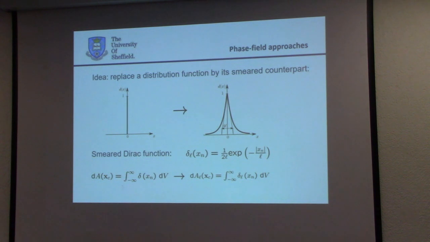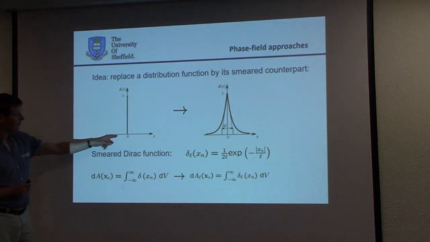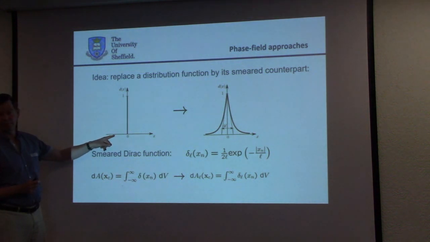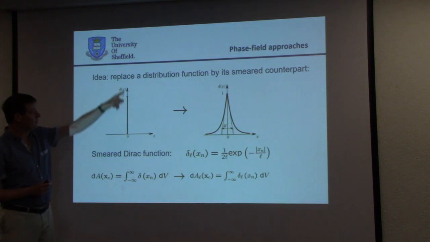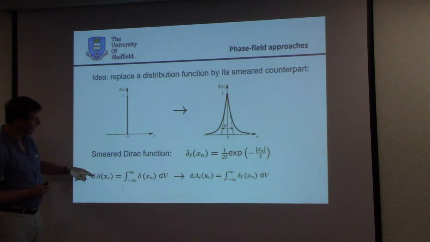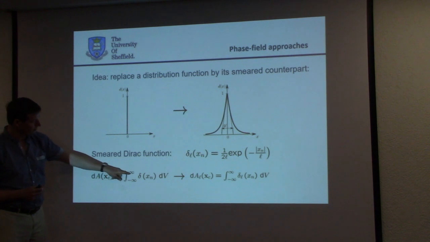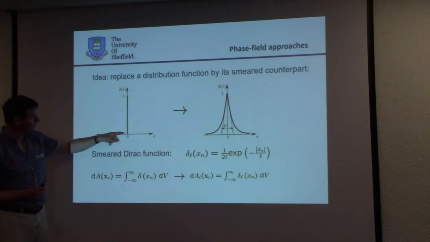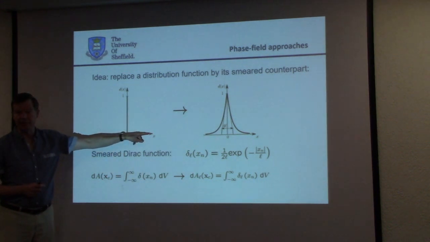Now, the important thing is, of course, the definition of a Dirac function is such that it is zero here, in principle infinite here, but the integral of the Dirac function over the domain is finite.